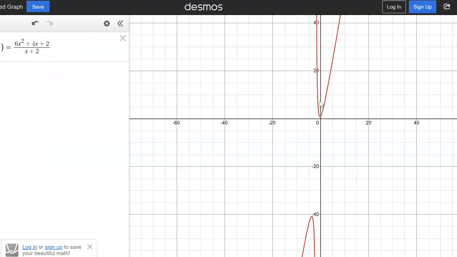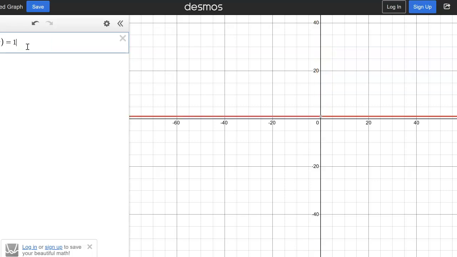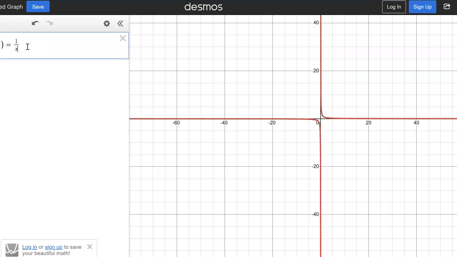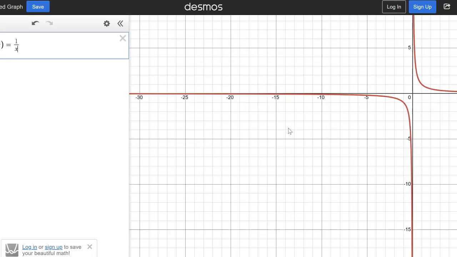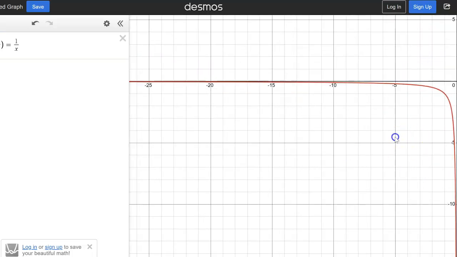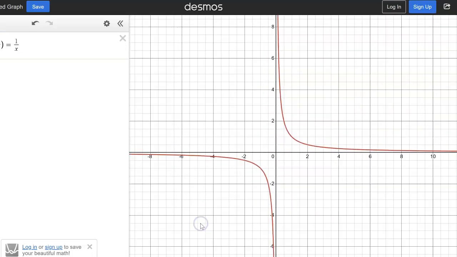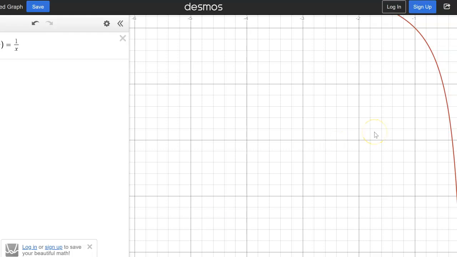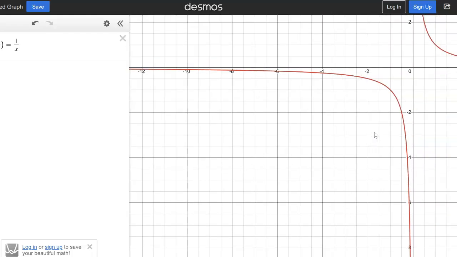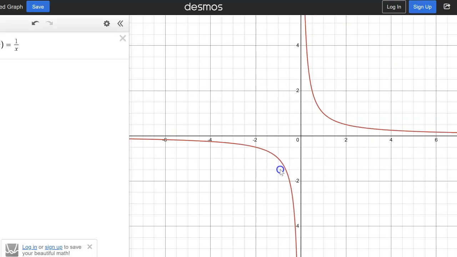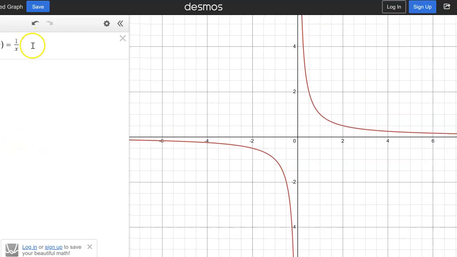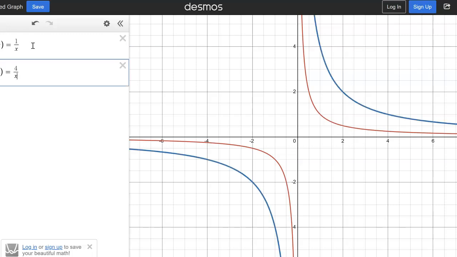Okay, I got 1 over x, so this is my parent function. It's not zoomed in. There we go. That looks pretty good. And then I'll do g of x is equal to 4 over x.